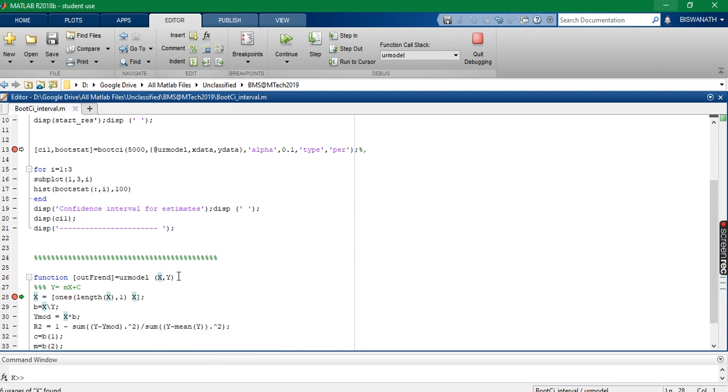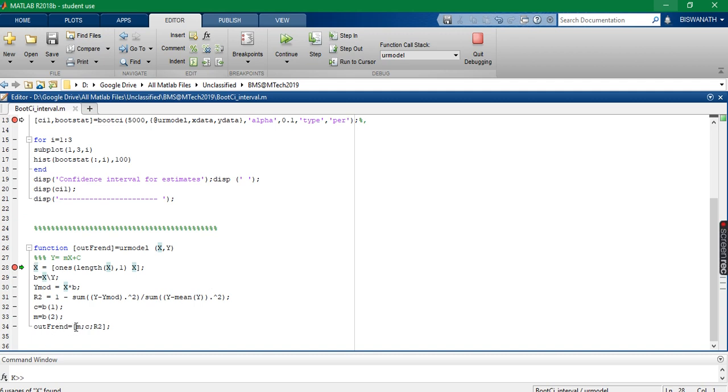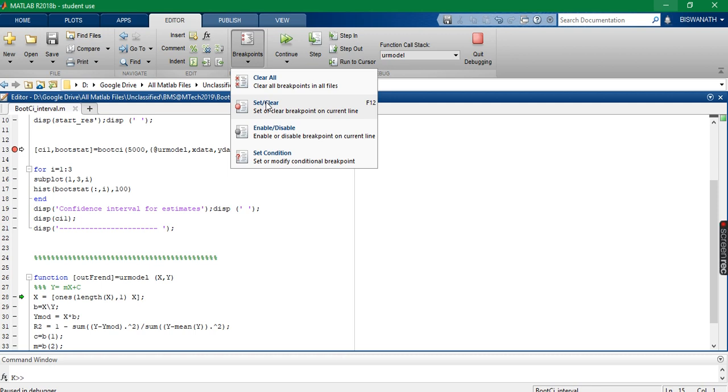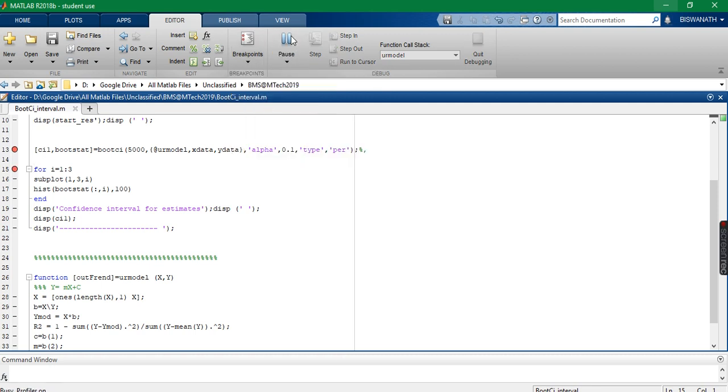So this is the input, and every time they are calculating the slope, intercept and R square values. So this process will be repeated 1000 times, or for example here 5000 times. And then I'm just stopping it because we cannot continue through all the 5000 times for this case, and we are completing.